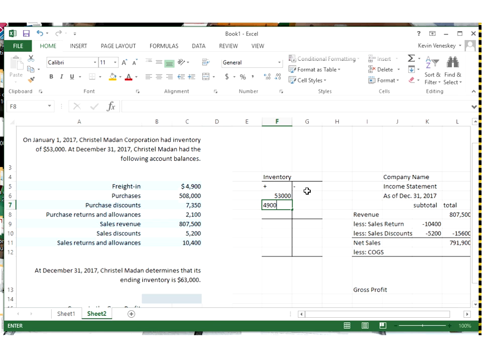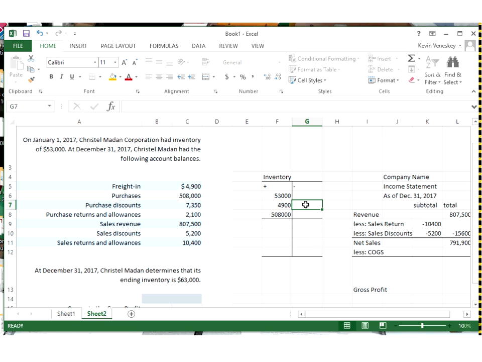So that cost actually gets added right into that asset, or in this case, the inventory that I bought. And then, of course, when I buy inventory, that's my main purchase, so that's going to get included here as our biggest amount. We bought an additional $508,000 of merchandise that I plan on reselling. Now, along with buying that $508,000, I had a couple of returns, and I had some discounts.